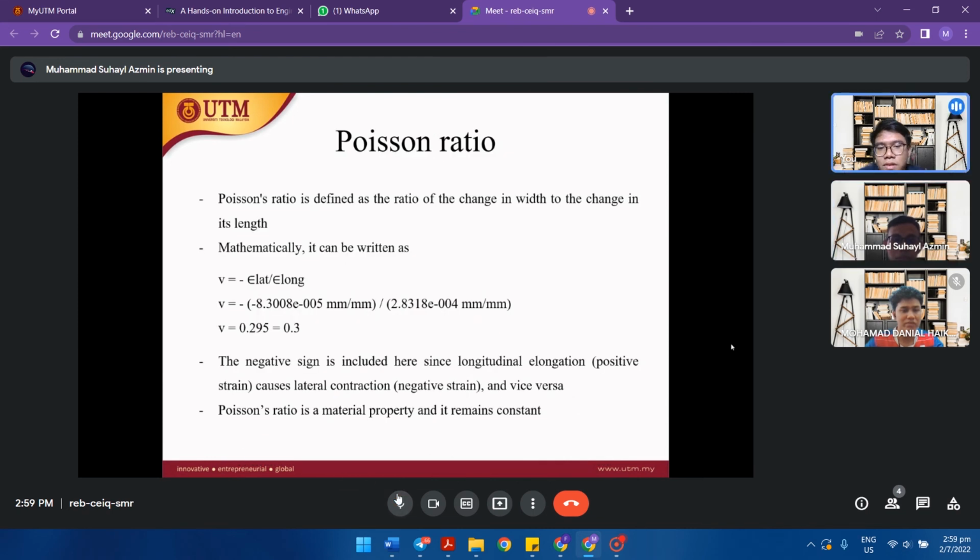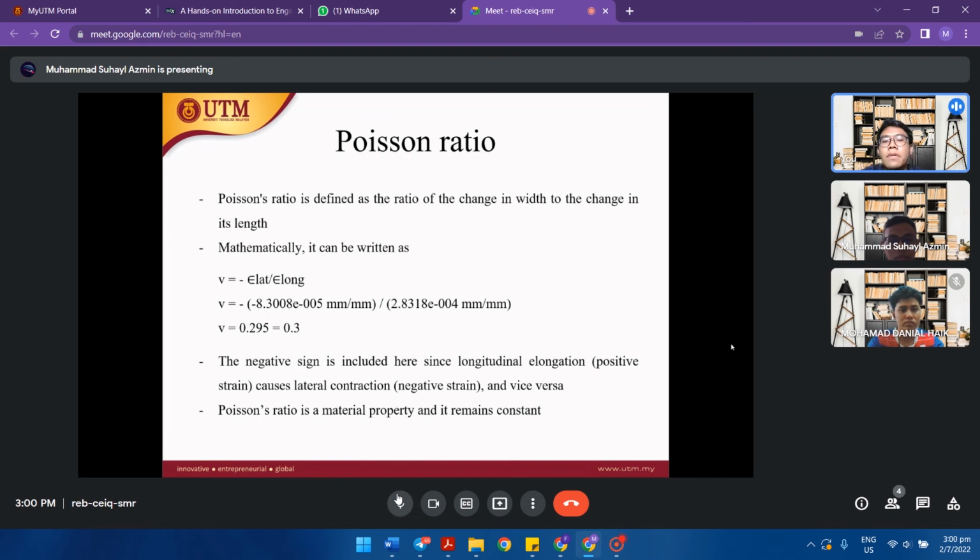Okay, first of all, a very good day. My name is Muhammad Afiq Irfan. So, Poisson ratio can be defined as the ratio of the change in width to the change in length. When a deformable body is subjected to axial tensile force, it is not only elongated but it also contracts.